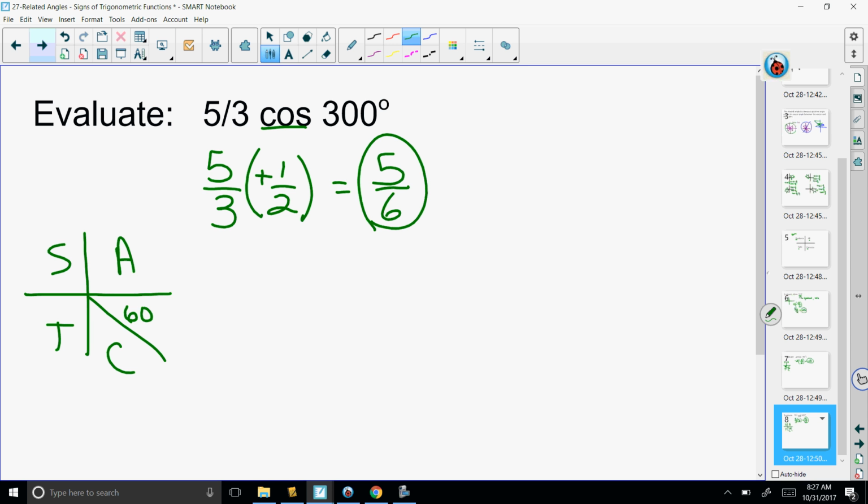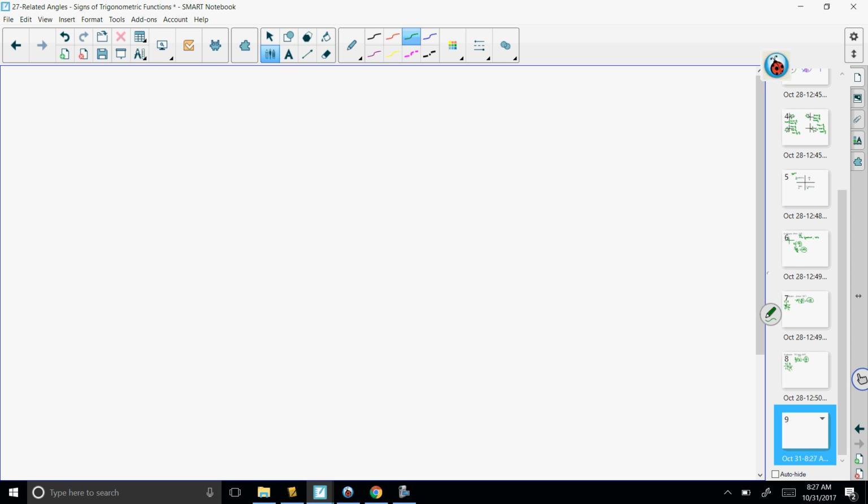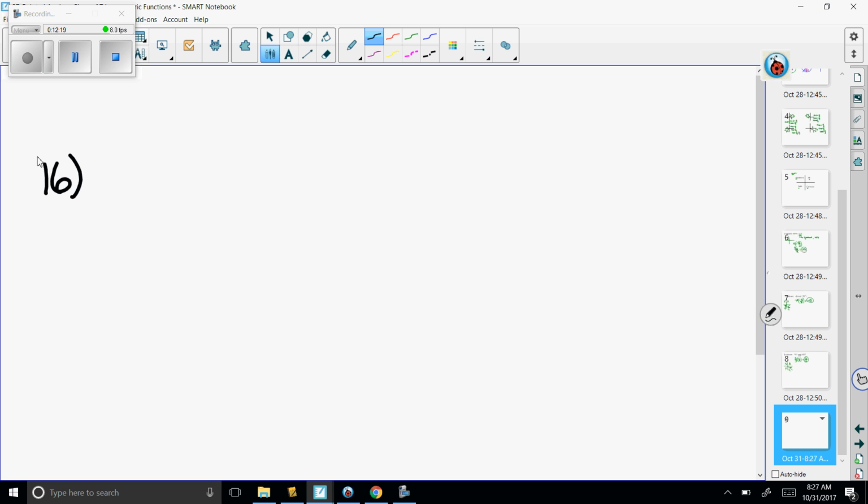I like these types of problems. You have 16 and 17 on page 192 that deal with this if you want to look at them real quick. I can just put it up here. 16 is 3 times the cosine of 300 degrees. And 17, oh, 17 really doesn't deal with it too much.